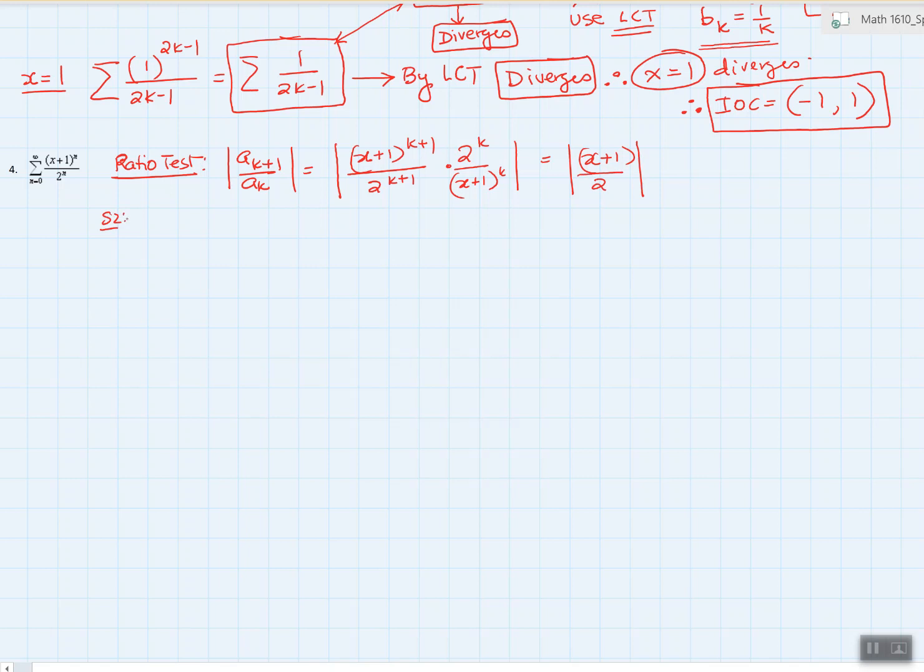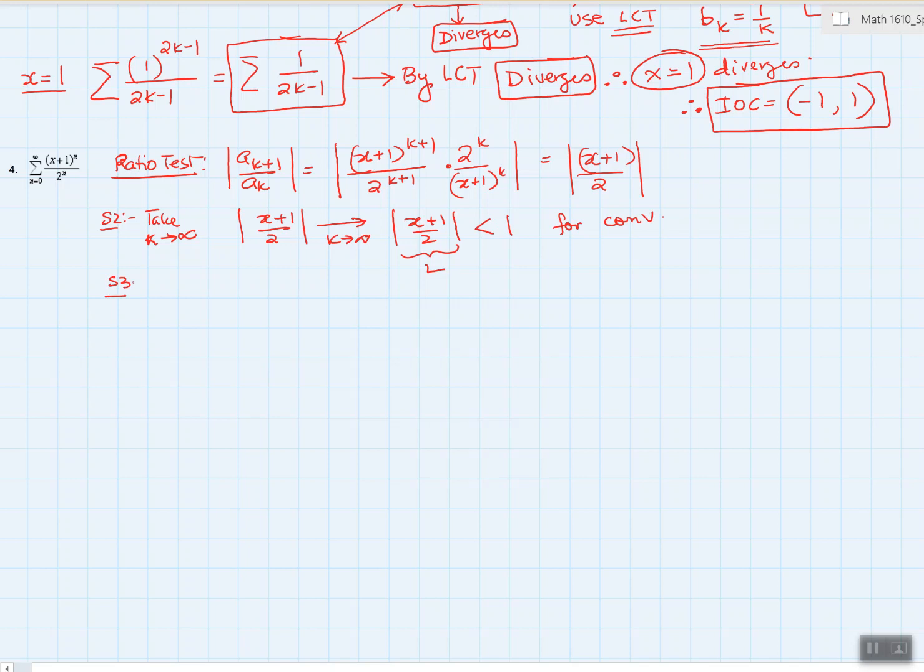So step 2 is take k to infinity. So limit k going to infinity, but this time round there is no k, so when you take k going to infinity you just get the same thing. So this is my L, and this must be less than 1 for convergence.